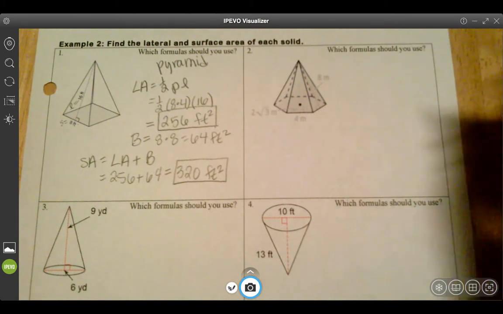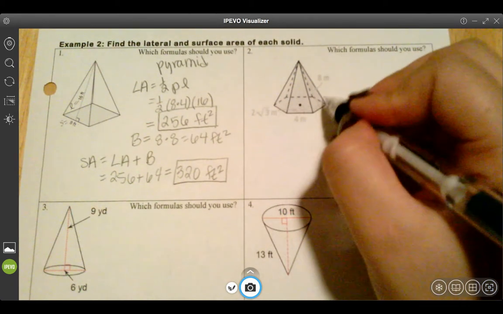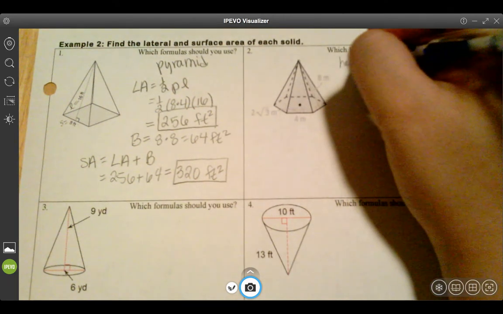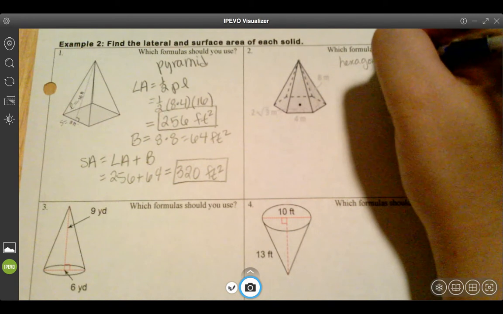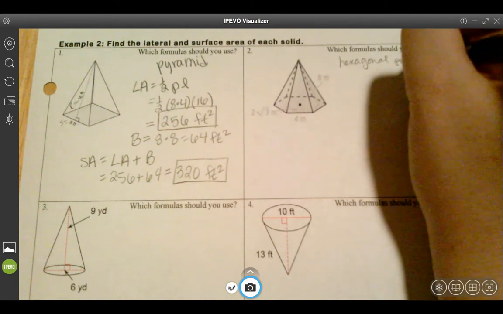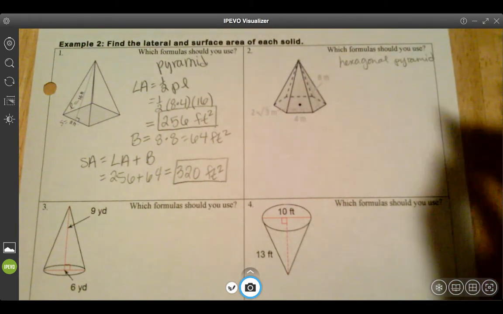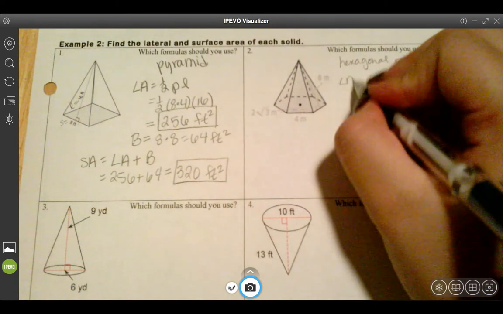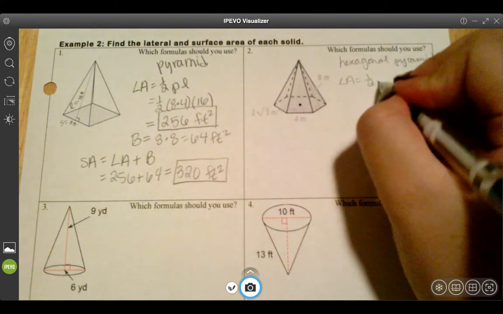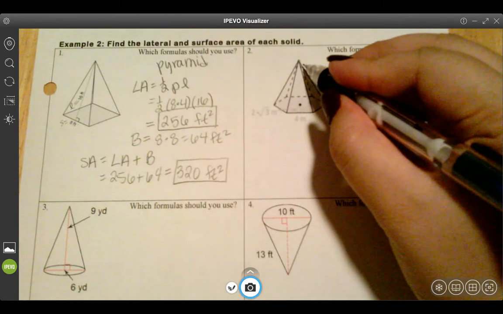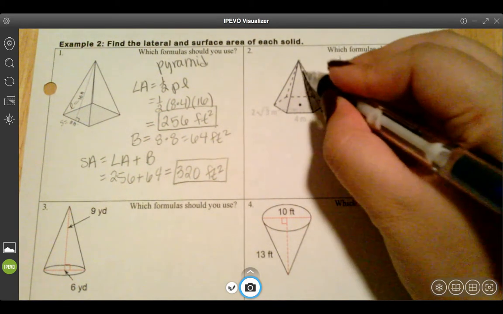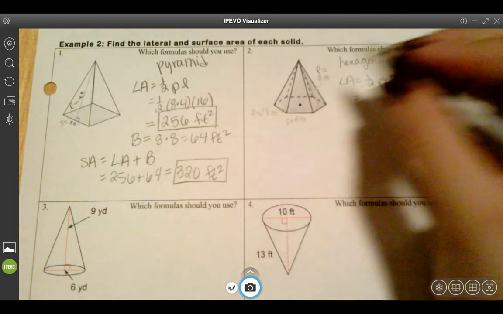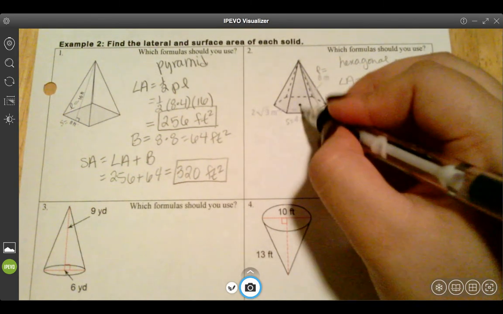For our next one, we have 1, 2, 3, 4, 5, 6. This is a hexagon, and it is a hexagonal pyramid. Okay, so pyramid means I'm using the 1/2 formula. Lateral area equals 1/2 PL. I have my lateral height here as 8. 4 is my side length. 2√3, it's this one here, is my apothem.